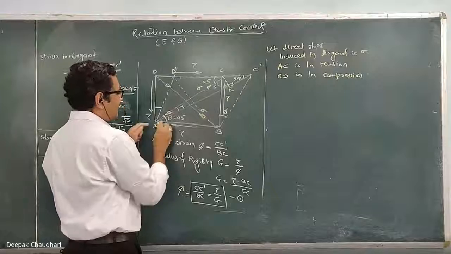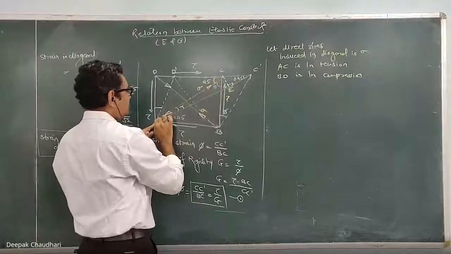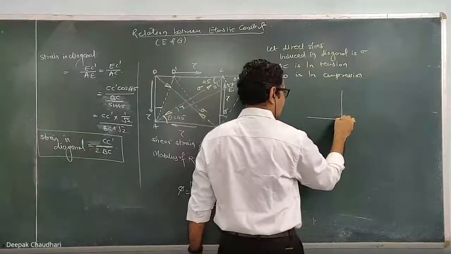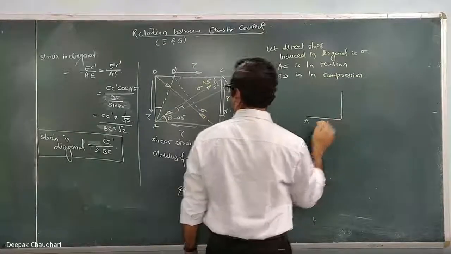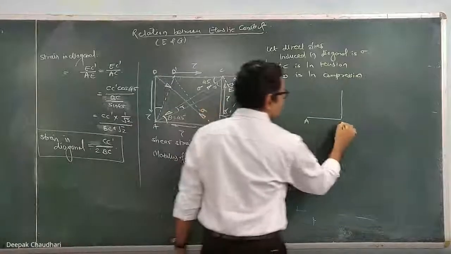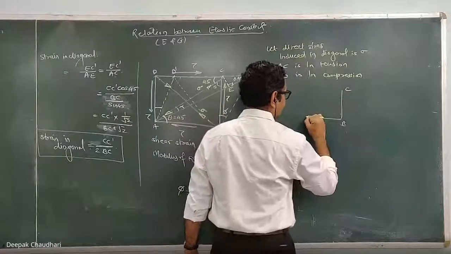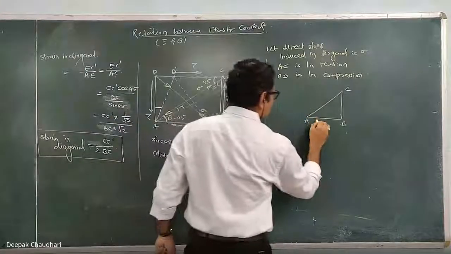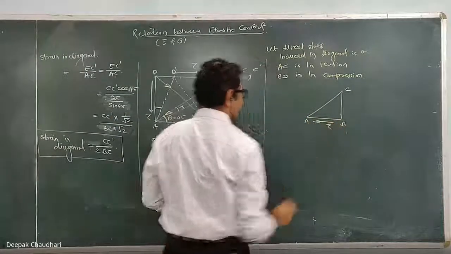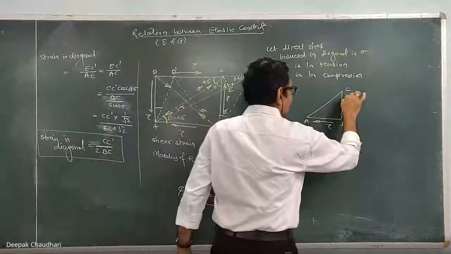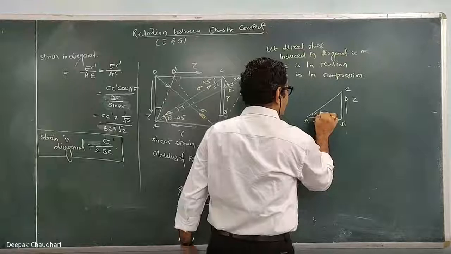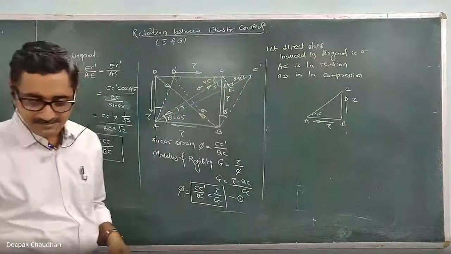Let's consider this triangle ABC. Now on this surface the shear stress is tau, and on this surface also the complementary shear stress is tau. This angle is 45.